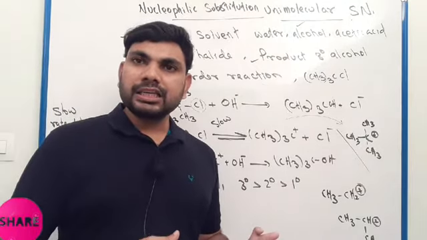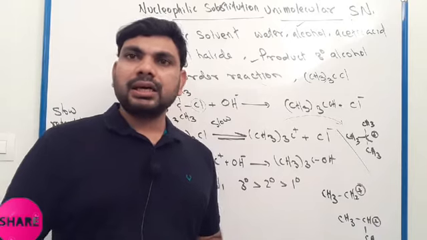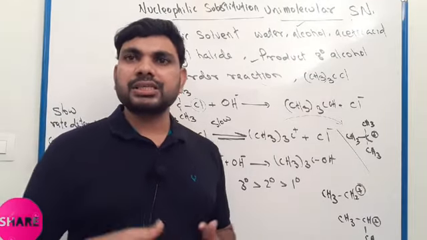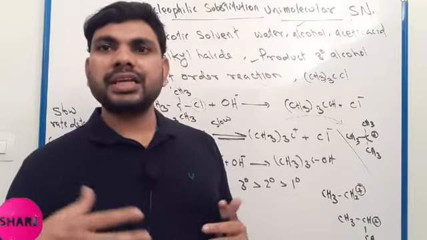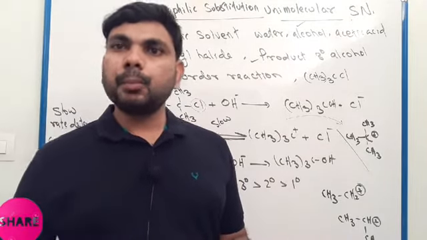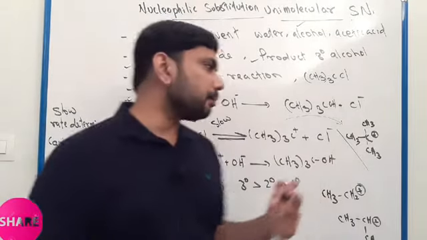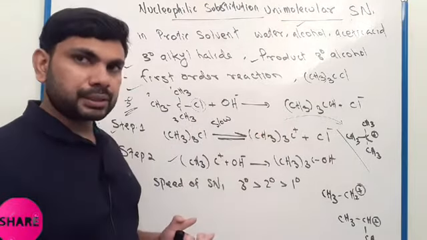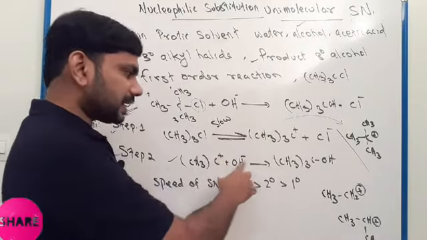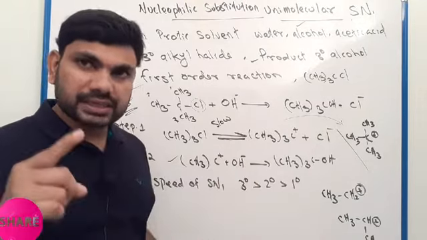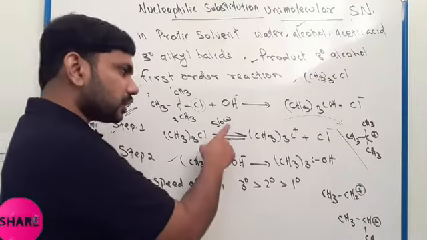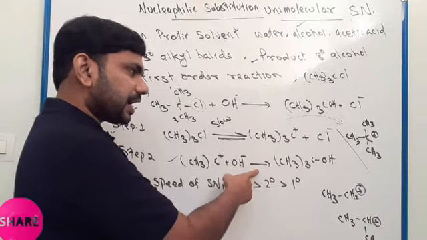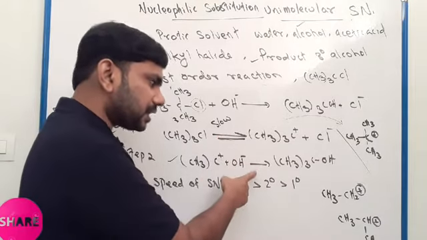Some organic chemical reactions take place in multiple steps, more than one step. For example, this reaction takes place in more than one step. This is one step, this is the second step. So this is the slow step and this is the fast reaction.